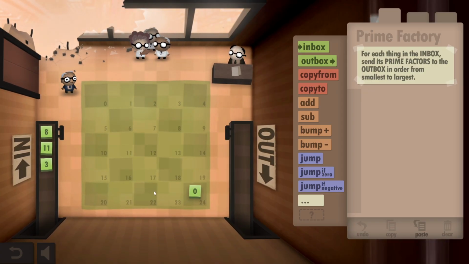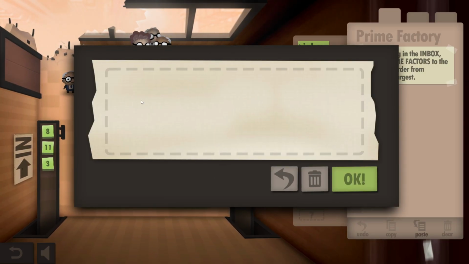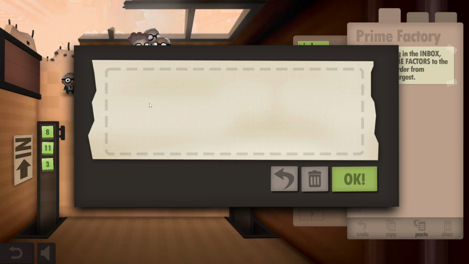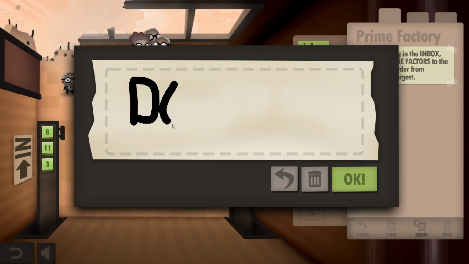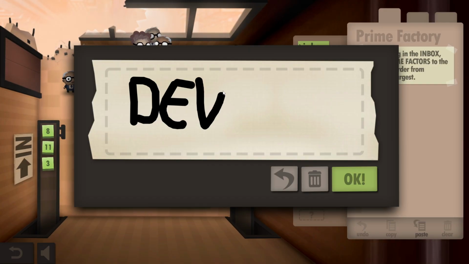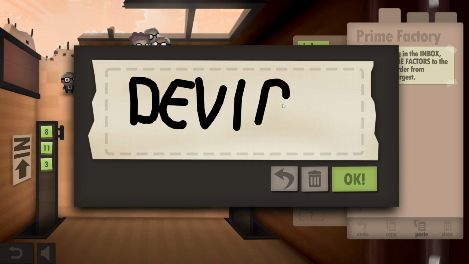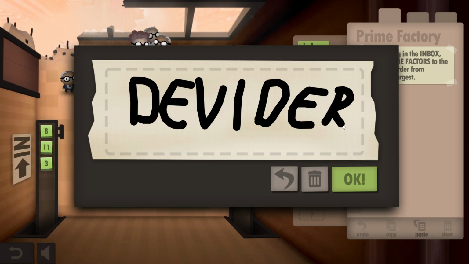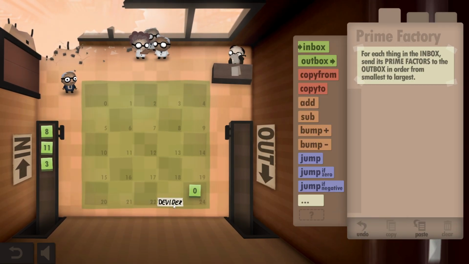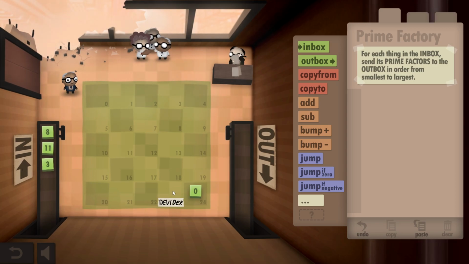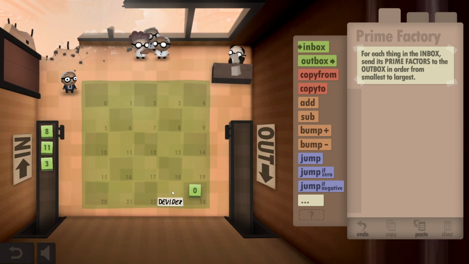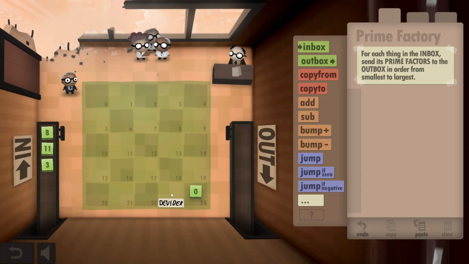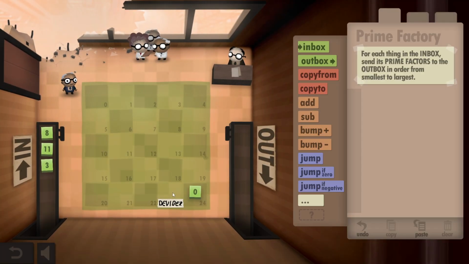Okay. So we need to have the number. That's, how would you call it, divider? I don't know, is that proper? Right? And that number needs to be higher than 1. Right?